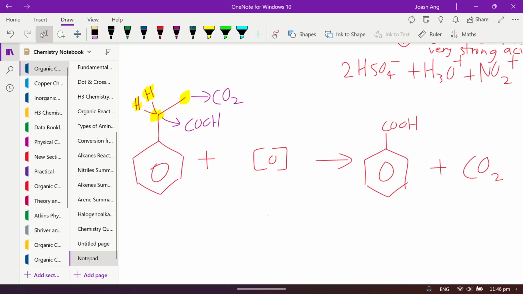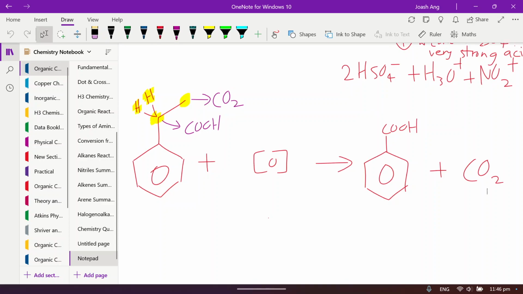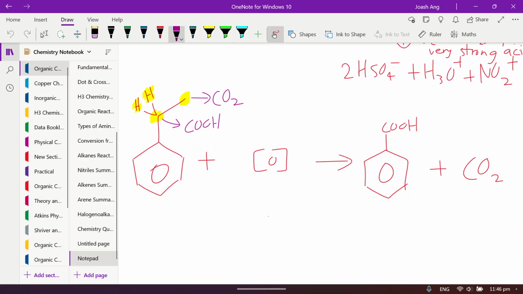The third thing to take note of is to balance the number of hydrogens. On the left side, we have 1, 2, 3, 4, 5, 6, 7, 8, 9, 10 hydrogens.